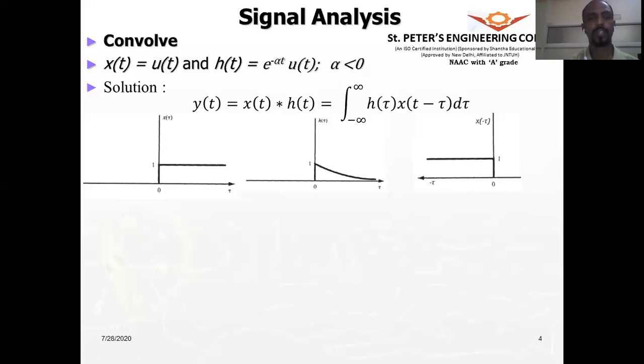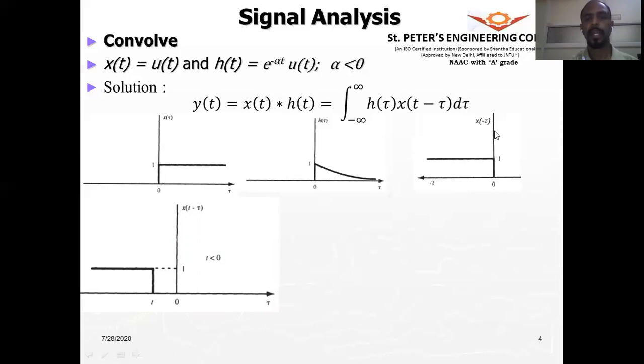So when we shift this, x of tau starts at 0 and goes on up to plus infinity.